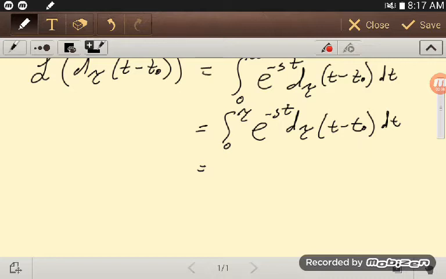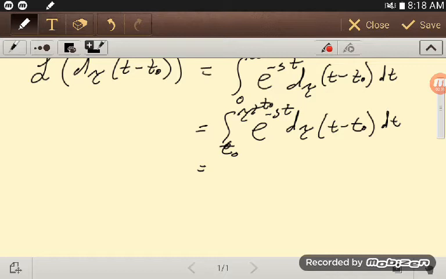Now, on this interval, 0 to tau, oops, I didn't want 0 to tau. I kind of messed it. Right, we're centered at t0, so I want this to be t0 to t0 plus tau, so I'll just do it that way. Right, t0 to t0 plus tau.